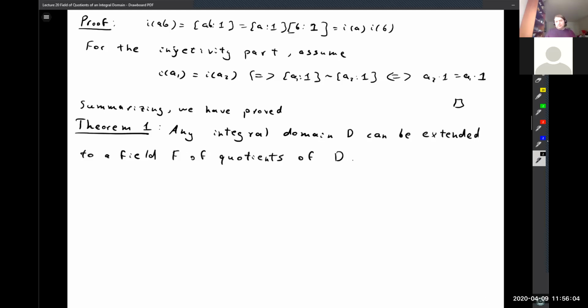Okay, so at this moment you might ask: we already know that every field is an integral domain. So what will happen if we take a field and try to extend it to its field of quotients? So that'll be an example slash proposition 2.